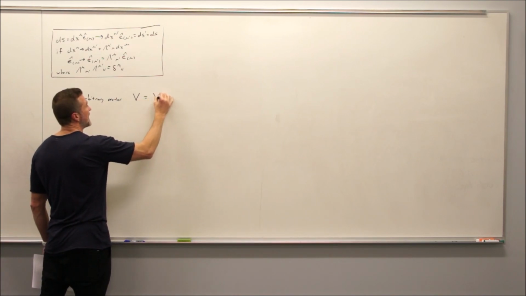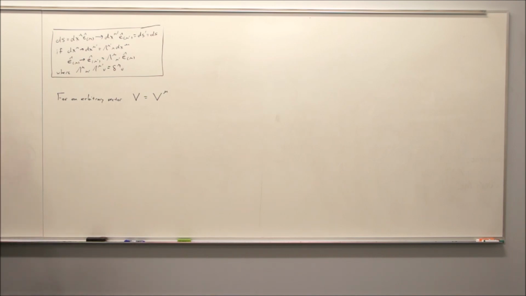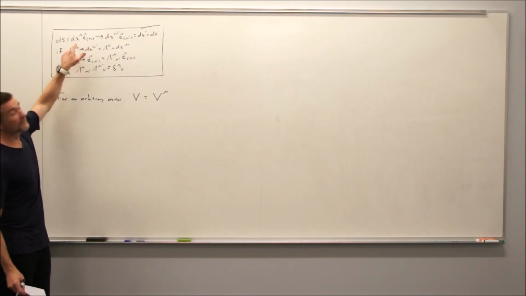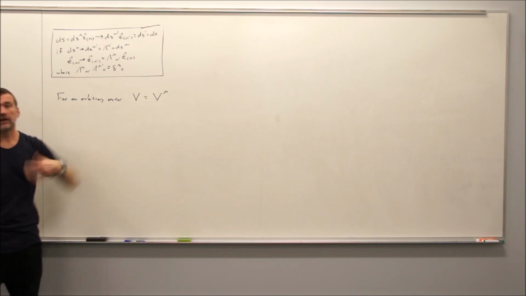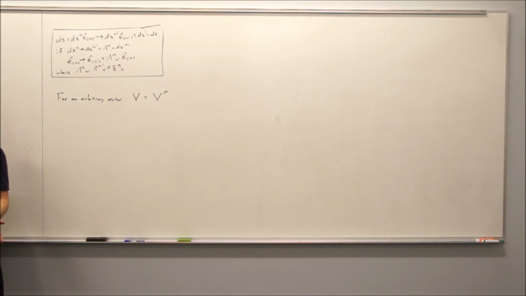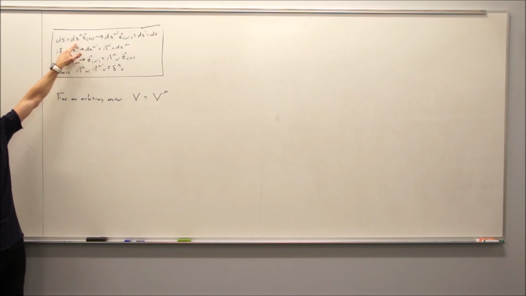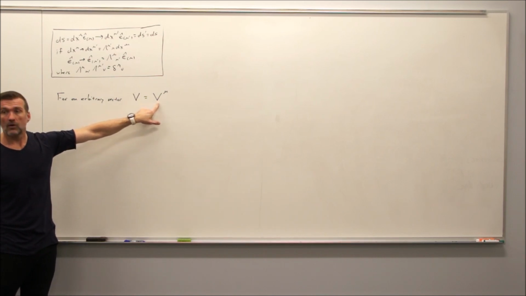Okay, this is going to have components that look like that. But the components of an arbitrary vector are not coordinate differentials. So we can't just assume that these things behave like coordinate differentials. We studied this vector because its components were coordinate differentials and we know how coordinates transform. For an arbitrary vector, these are not coordinate quantities. They're components of a vector.